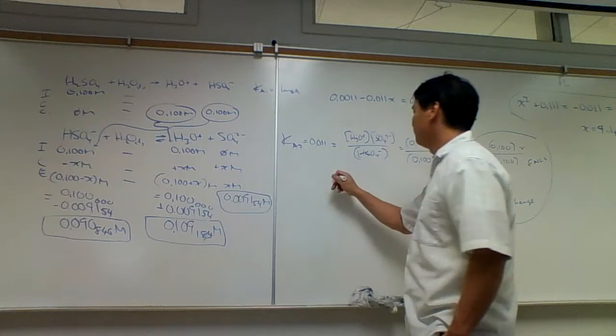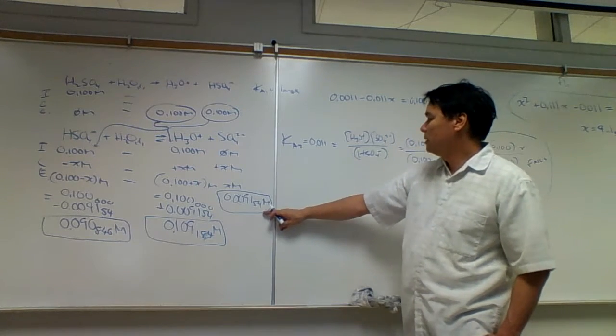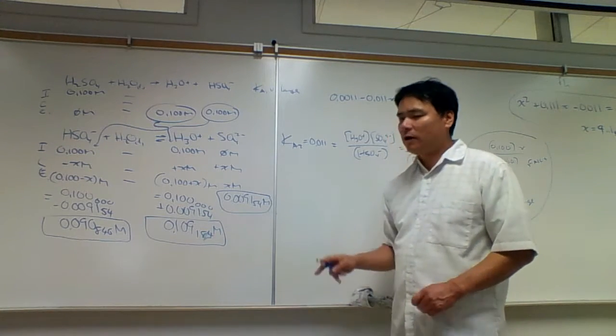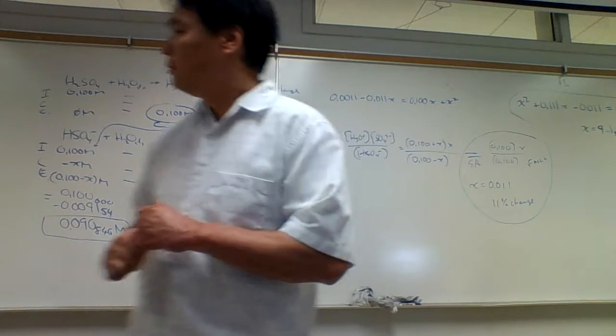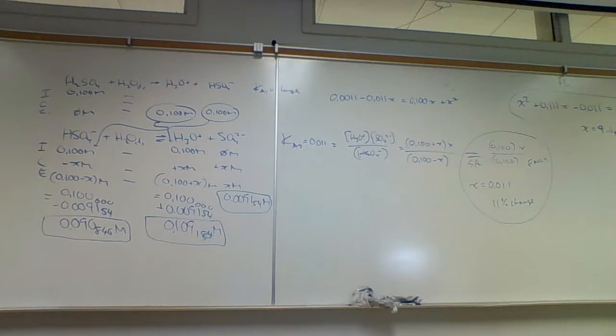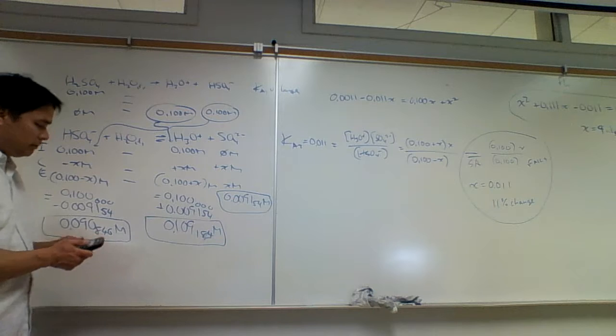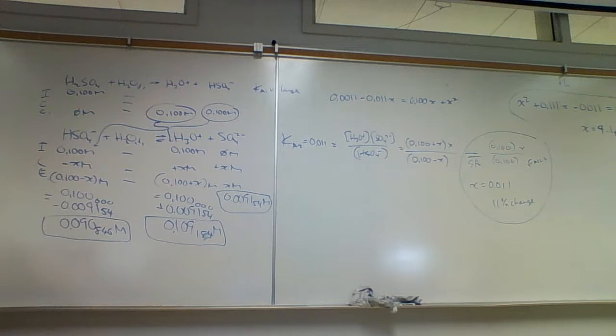And so we'll take this 0.109154 times 0.009154, divided by 0.090846.